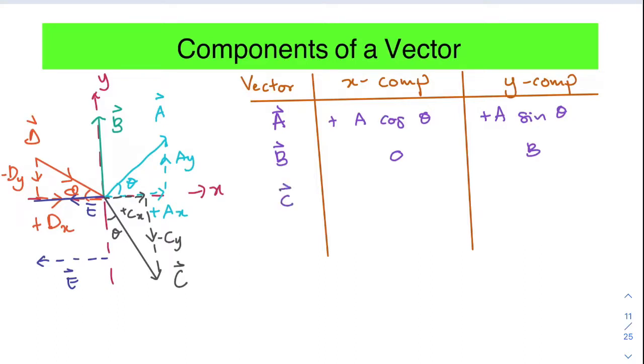And then for vector C, you have a positive x component, which is C sin theta, the black color theta there. Because if you transfer this black color theta, it will be here, isn't it? That is why it's sin for the x component.